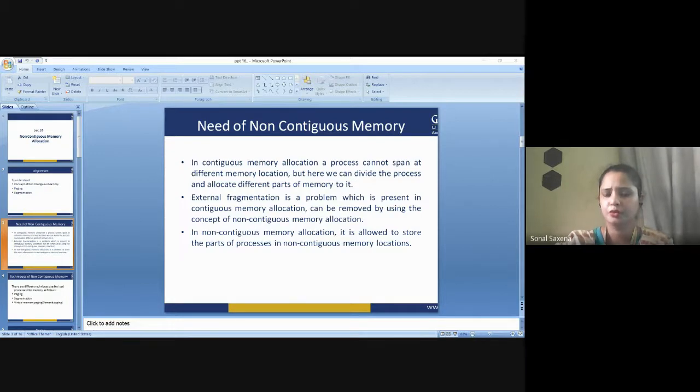To remove this problem, we need non-contiguous memory allocation. Besides this, in non-contiguous memory allocation, we are allowed to store parts of the process at different locations. So this exactly creates the need for non-contiguous memory allocation.